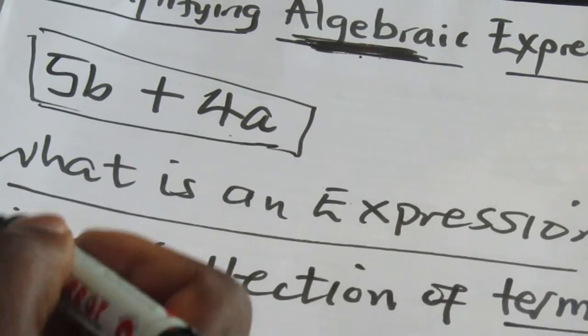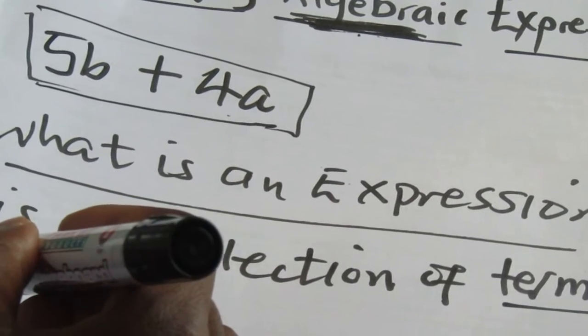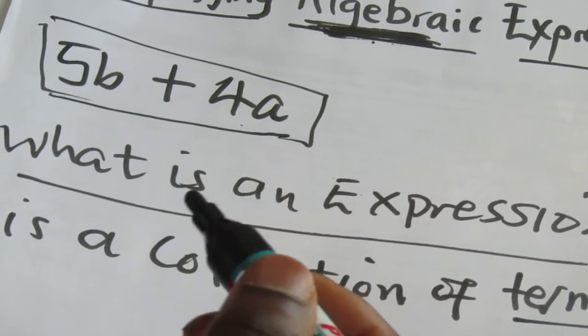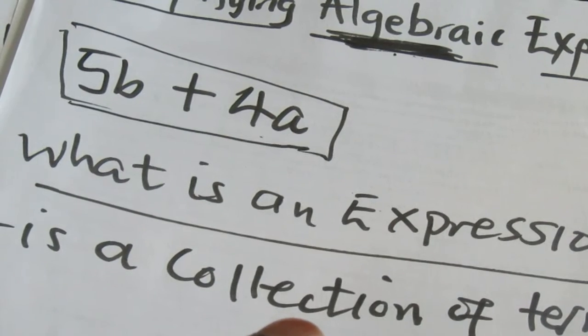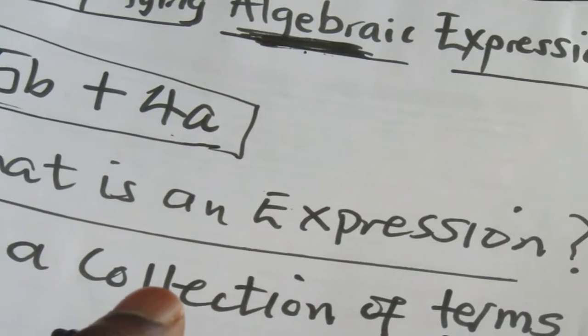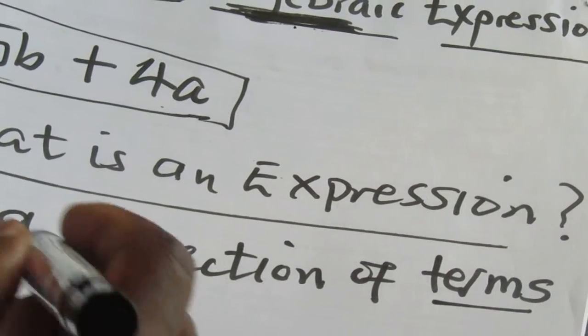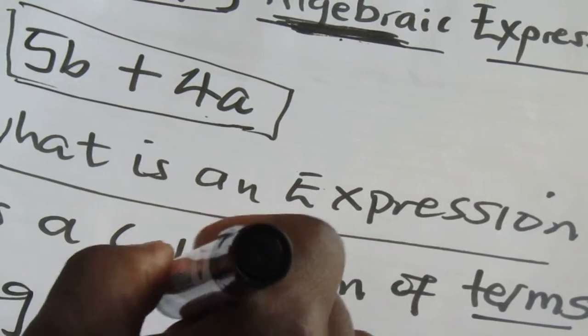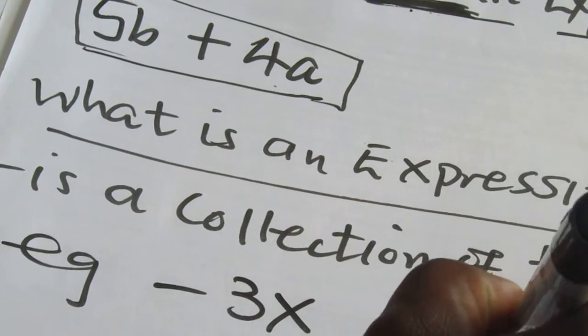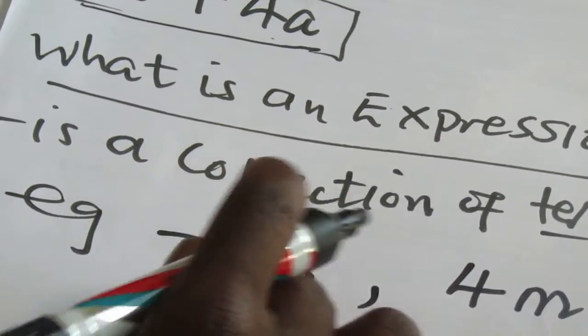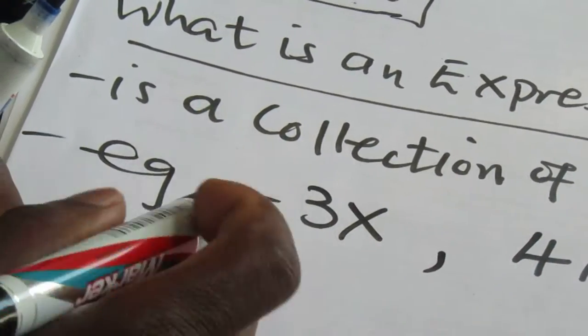What a term is? A term is a monomial which can either be positive or negative, and a term consists of a variable and a coefficient, e.g. minus 3x, 4m. These are good examples of terms.